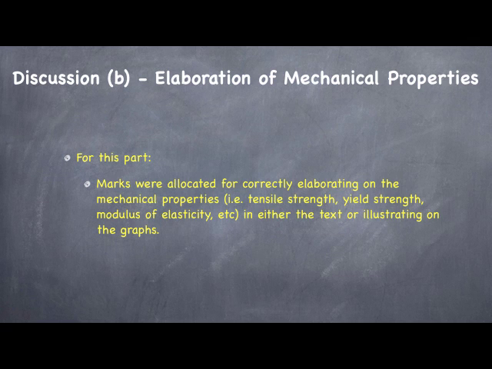I was looking for individuals to basically regurgitate what I'd been through during the lecture. Extra marks were awarded if this was illustrated on the graphs, just the way I'd done in lectures 2 and 3. So this is part B for the discussion section.